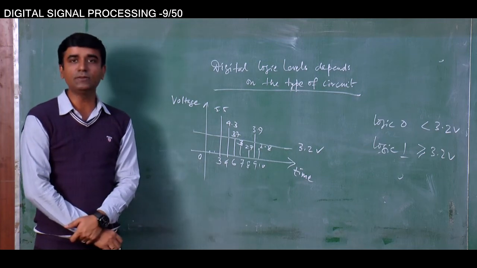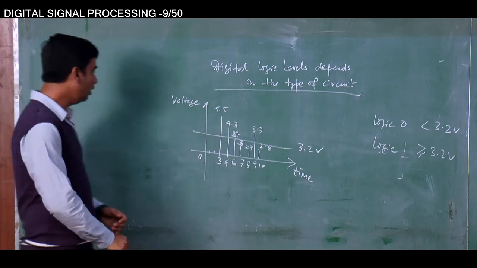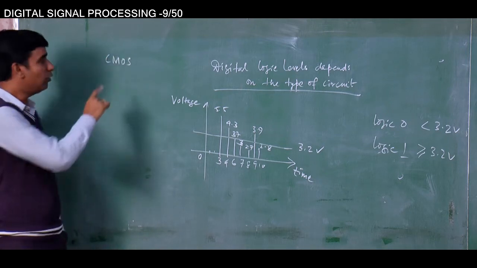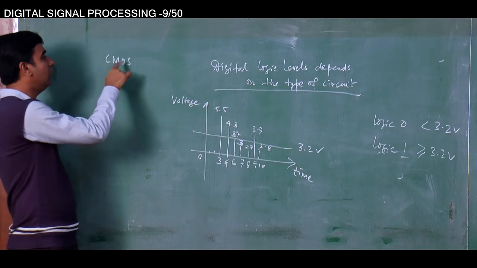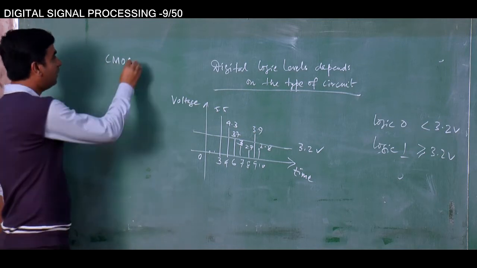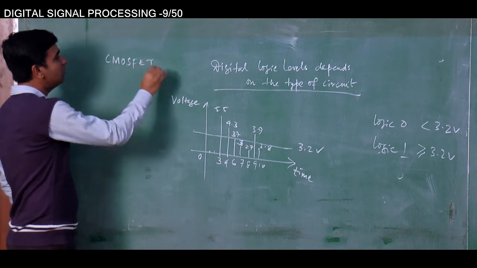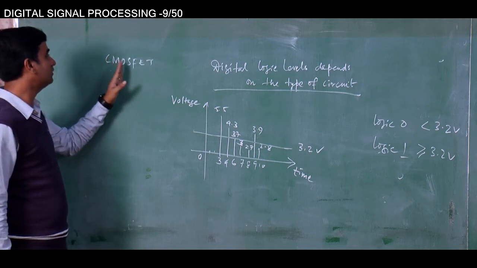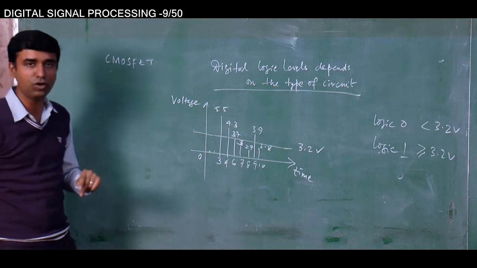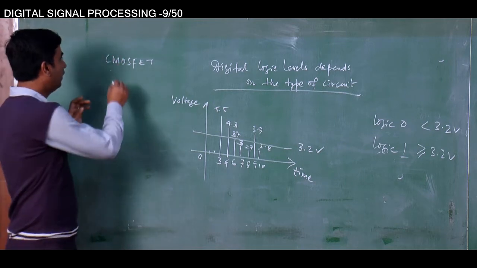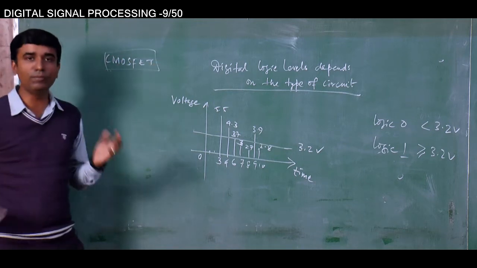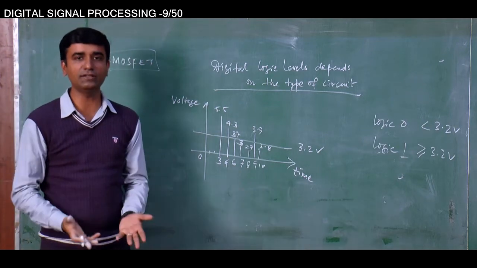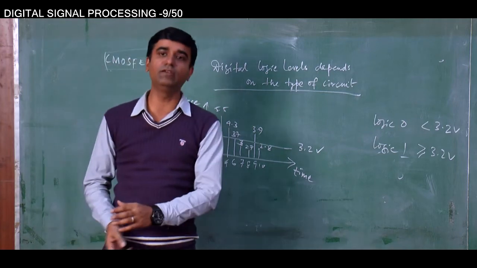practical examples, like there is a circuit called MOS circuit or CMOS rather. CMOS stands for complementary metal oxide semiconductor. In fact, the full form of this is CMOSFET. CMOS stands for complementary metal oxide semiconductor, FET stands for field effect transistor. Now, complex electronic circuits are made of many discrete devices.